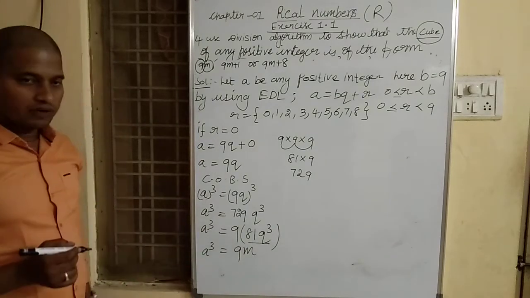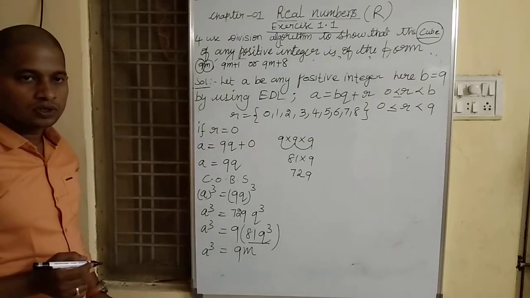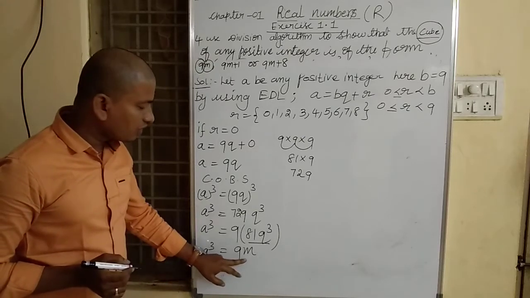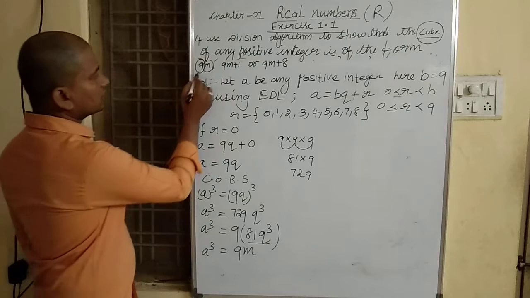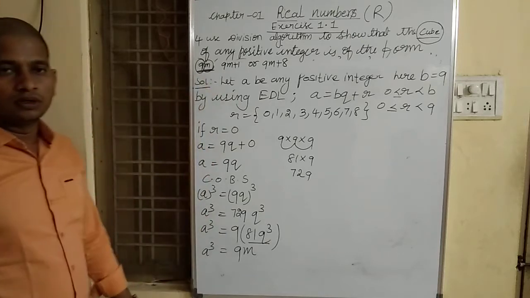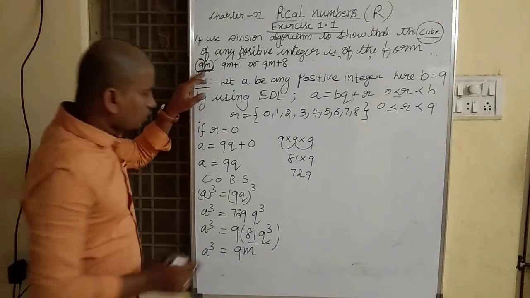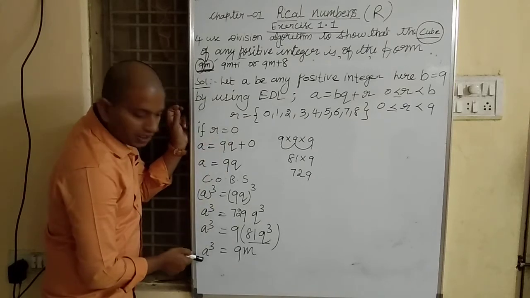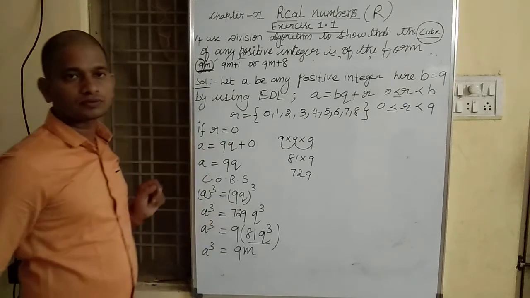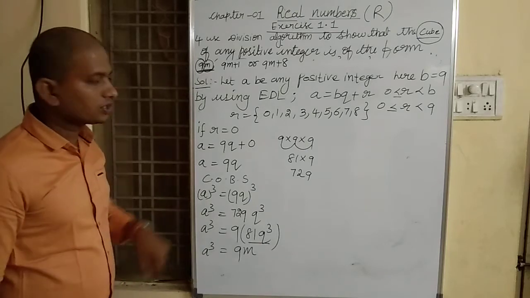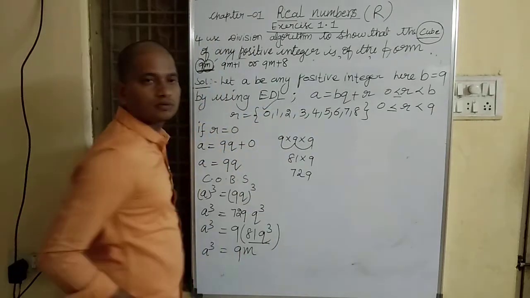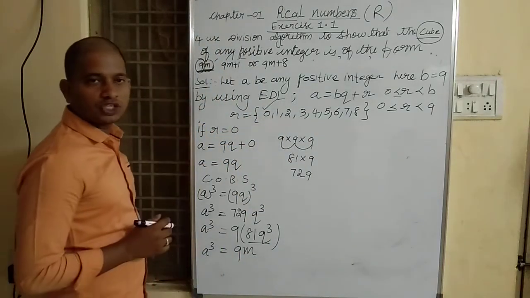So when I substitute r equal to 0, I got the cube of a positive integer in the form 9m. See, I got 9m here. If r equal to 0, the cube of any positive integer is of the form 9m.